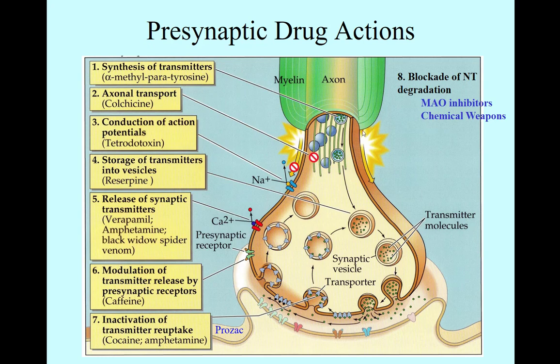Number 8, blockade of neurotransmitter degradation. So we talked about reuptake in that you see this receptor-mediated reuptake right here. The neurotransmitters bind these surface receptors and they're taken back in. We didn't really talk about this much. It's not that important, but that's one way. I talked about it briefly, about how the neurotransmitters just go through the transporters back into the cell.